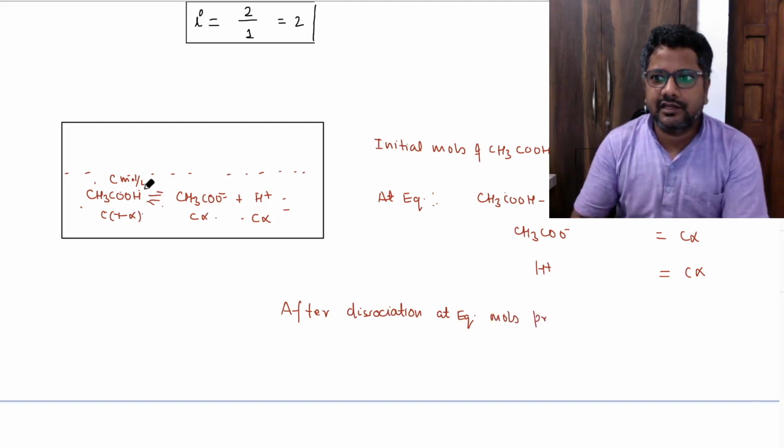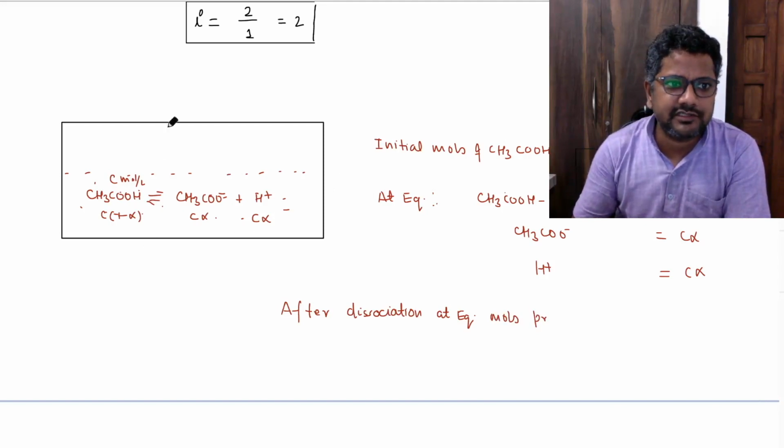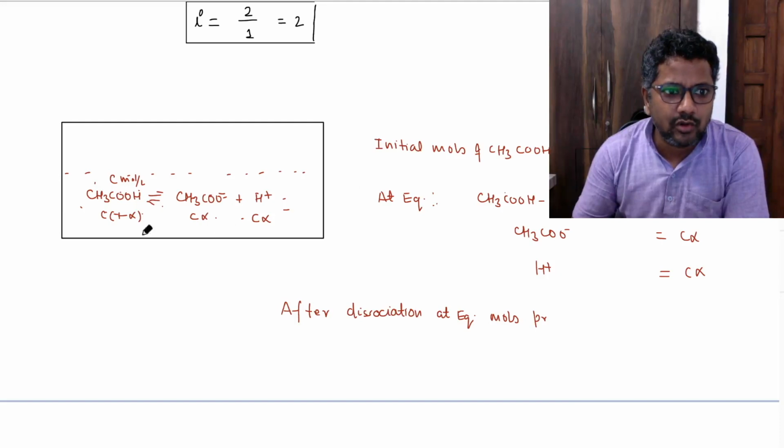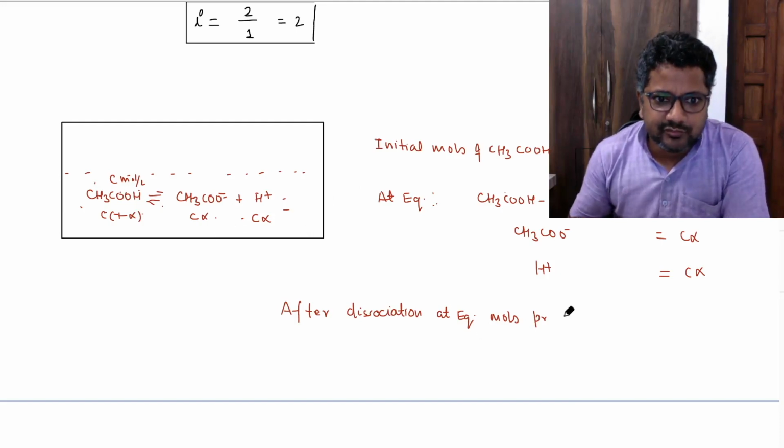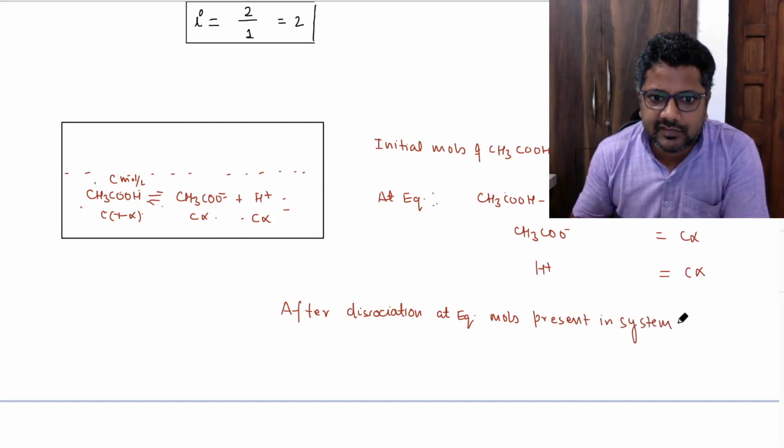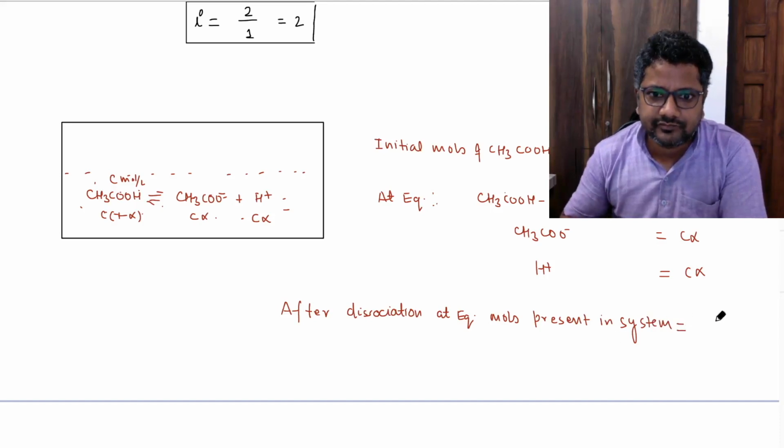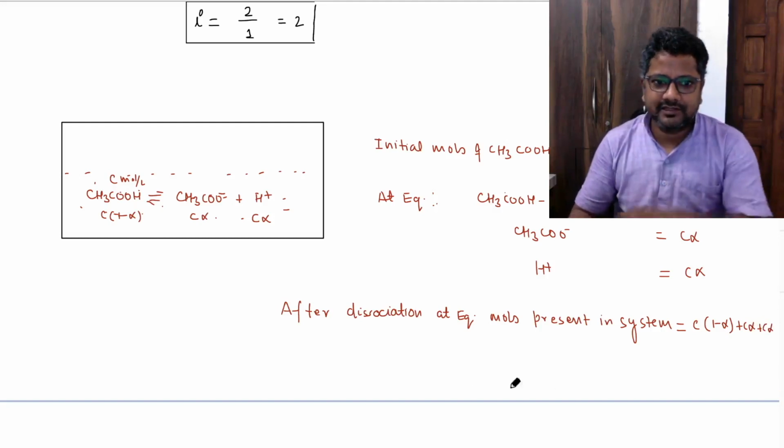Because we are responsible to calculate for this system, so you have to consider the whole system. So moles present in the system is equal to C into 1 minus alpha plus C alpha plus C alpha, right?